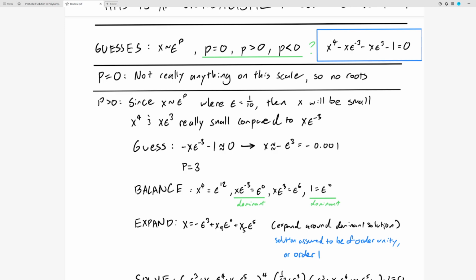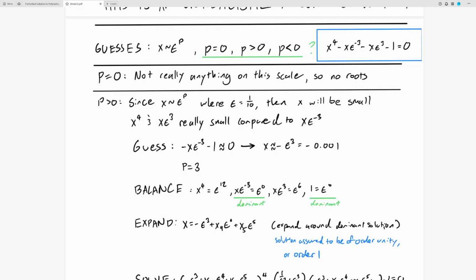So we know that x to a high power is going to be really small because x is already small. So we can take out x to the 4. And then x times epsilon to the third, we know that's going to be like 1 over 1000 times, again, 1 over 10 at least. Then that's also going to be really small.